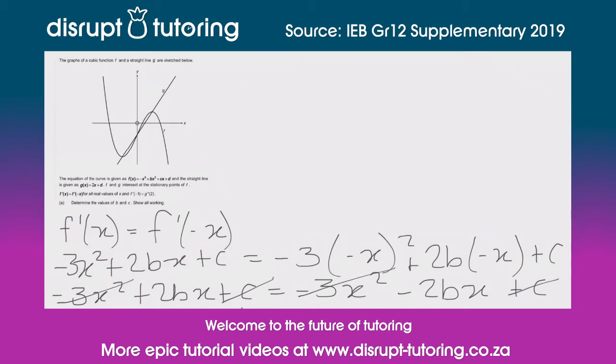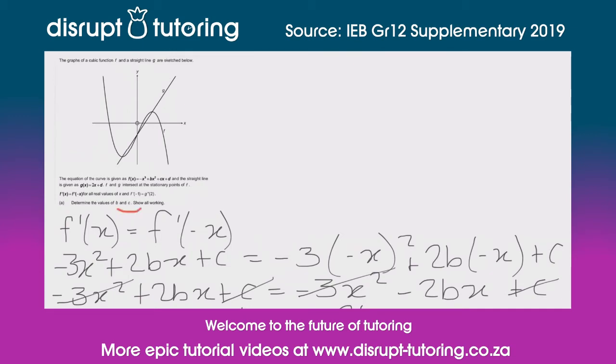So I'm left with 2bx equals minus 2bx. I'm going to get all my x's to one side. So that's going to give me 4bx equals 0. And when I divide both sides by 4x, it's going to give me b is equal to 0. And that's the first part of the question, specifically to calculate b, which equals 0.